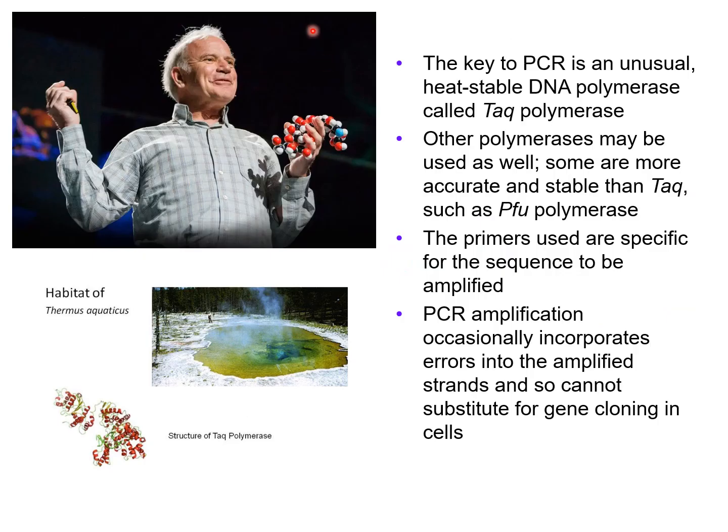So here is the scientist who discovered the concept of PCR. And the key was that you needed a heat-stable DNA polymerase. So the story of how Kary Mullis developed PCR is actually really, really cool. And I'm going to give you the article that has the story about how he figured PCR out.